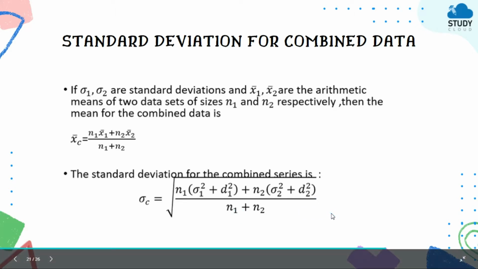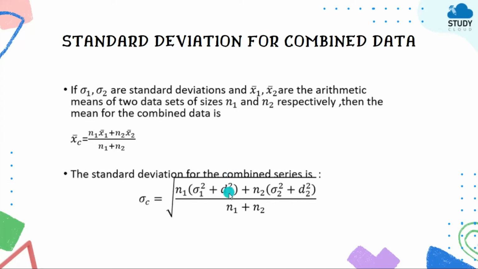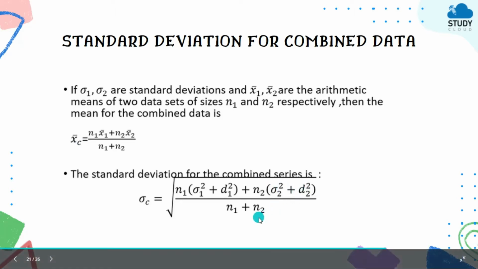Now to find d1 or d2, what will we do? For d1 we will do x bar 1 minus the combined x bar, and for d2 we will do x bar 2 minus the combined x bar. With this we will get one difference here.